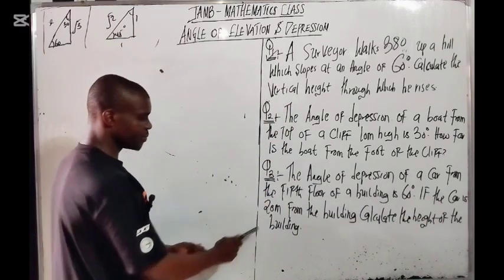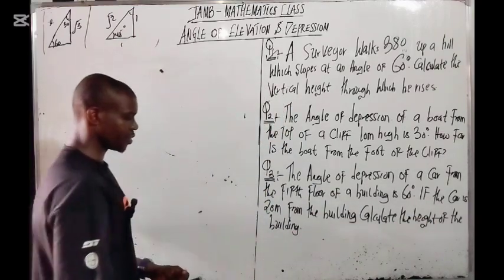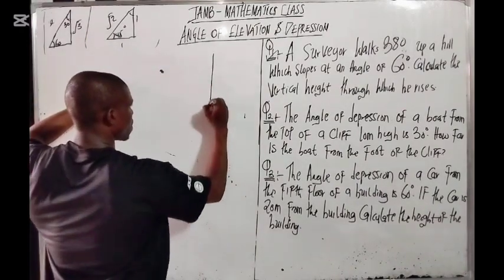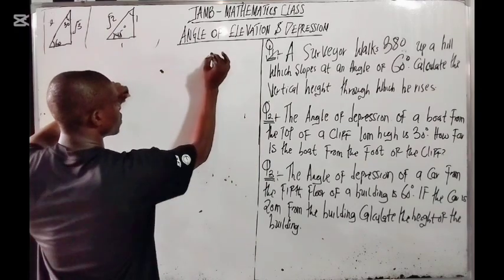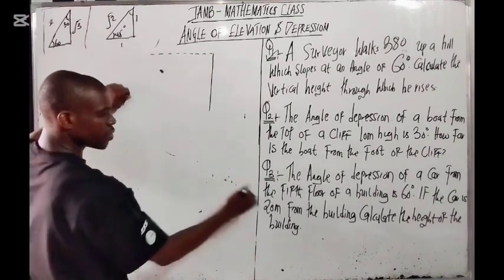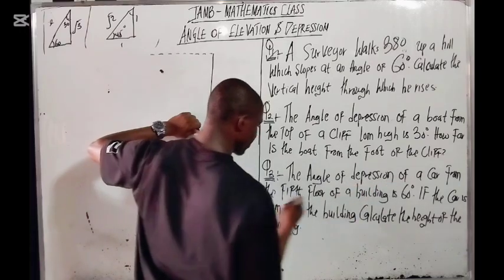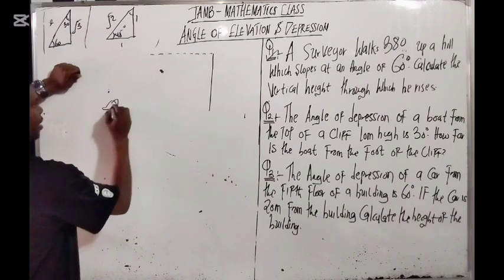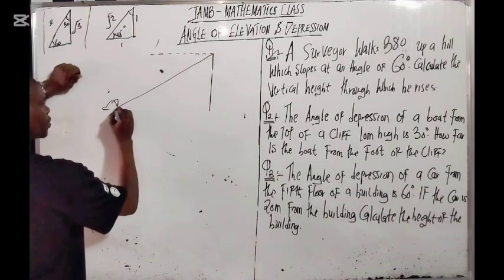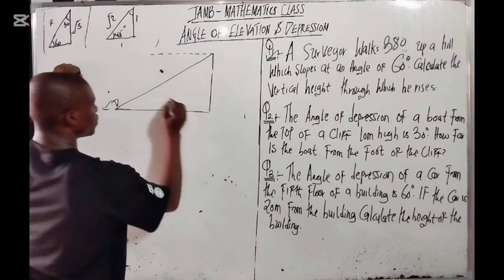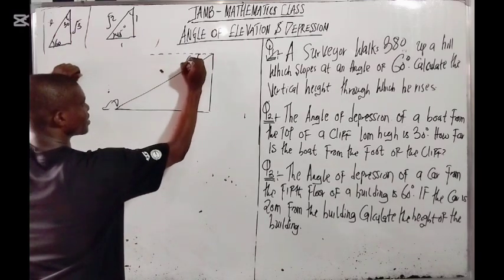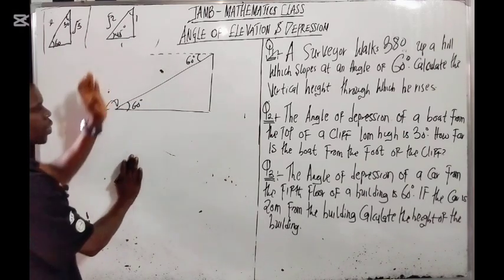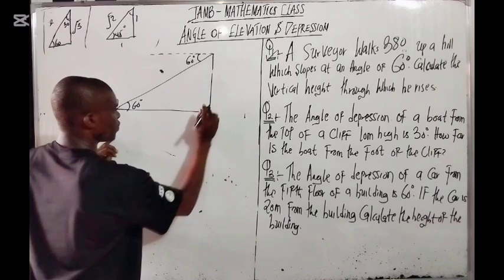If the car is 20 meters from the building, calculate the height of the building. Here we have the car. Since it's 60 degrees here, it is also 60 degrees there, because they are alternate angles.